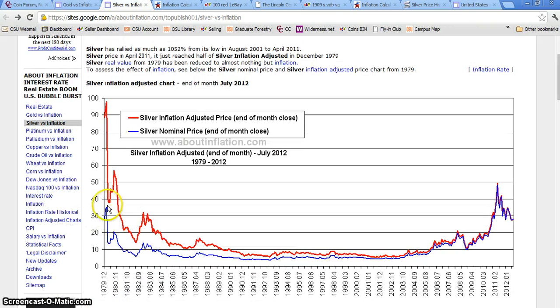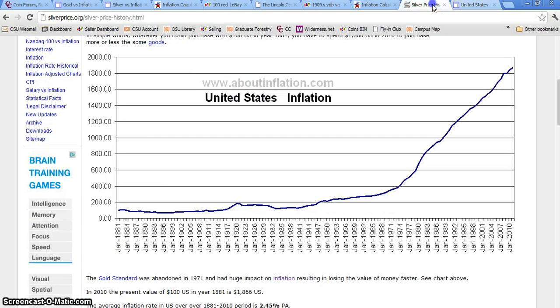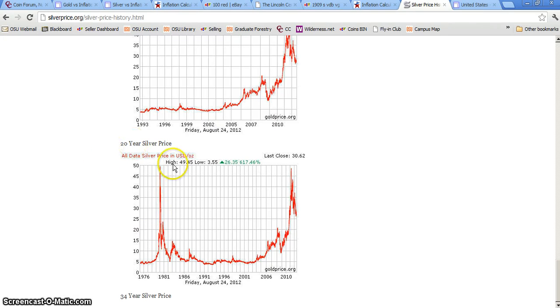Same is true with silver. You see the nominal value here is only up to 35. This data set must not have included the spikes that were up near 50. Okay, I do have those. It's right here. But you see the same trend. This is a nominal chart. You see the same trend here, this trough and a big rise.